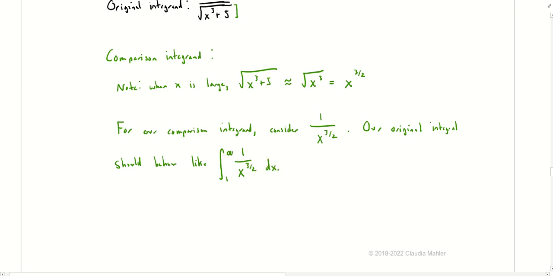Now, why did I pick this as my comparison integrand? Well, of course, like I said up here, our original integrand is very similar to this integrand here. But also, if I take a look at this integrand, it's a p integral. I know how this behaves.